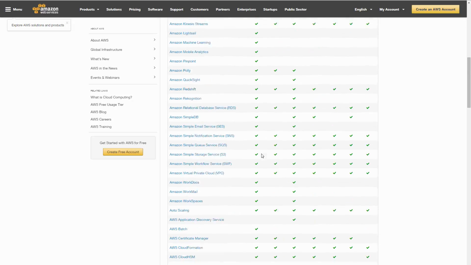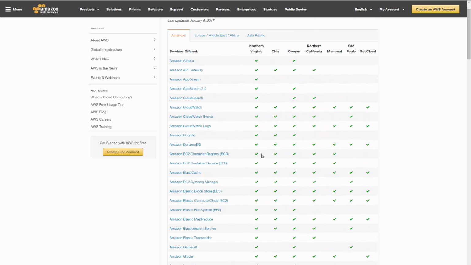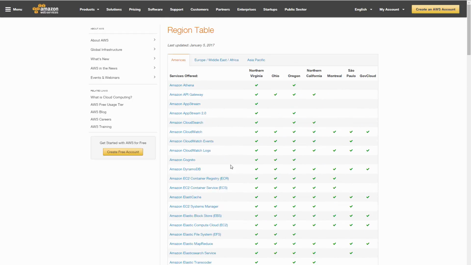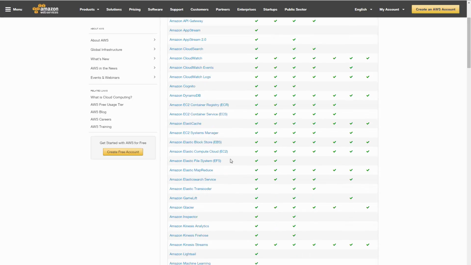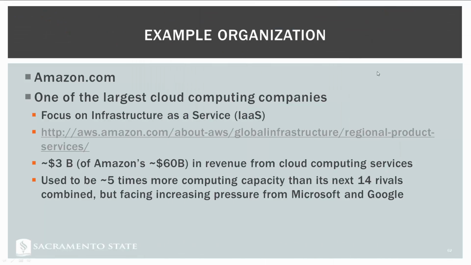And you can just go down the list. There are a lot of different services that Amazon provides, and these are very important. For example, their Elastic Compute Cloud is extremely important for many organizations out there. They have databases and web servers and storage and all sorts of different types of cloud computing services that they provide.